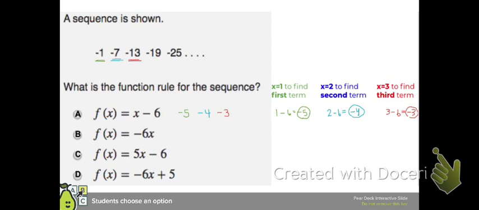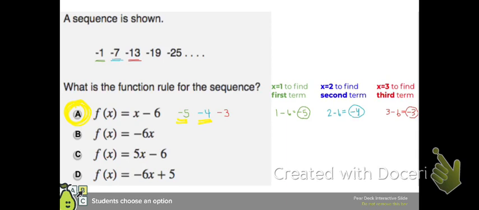So for example, if you look at this first function here, x minus 6, if I put in 1, I have 1 minus 6. The first term in this function right here is -5. If I put in 2 into this function, I have 2 minus 6, -4. So the second term for this sequence is -4.